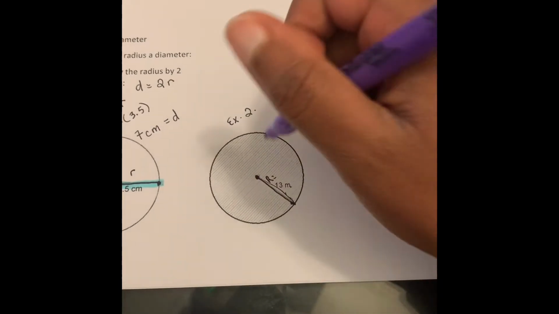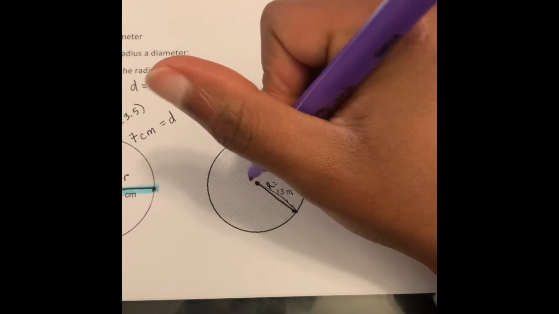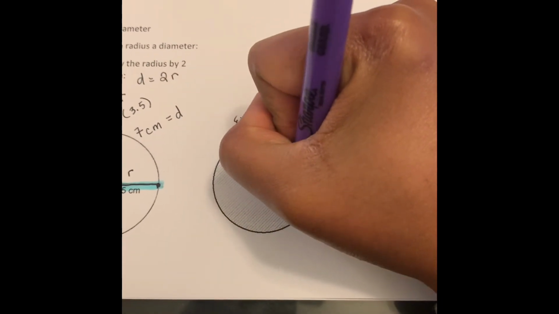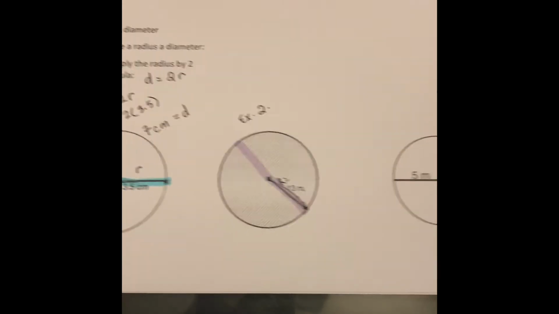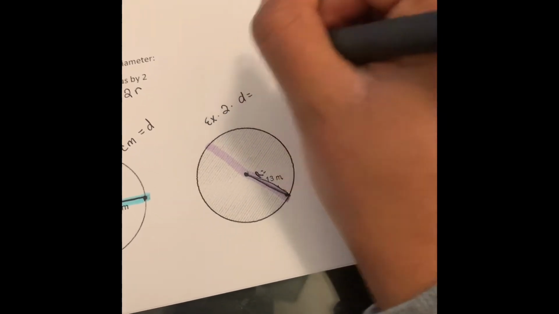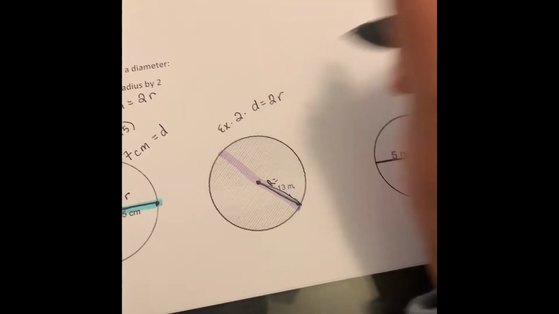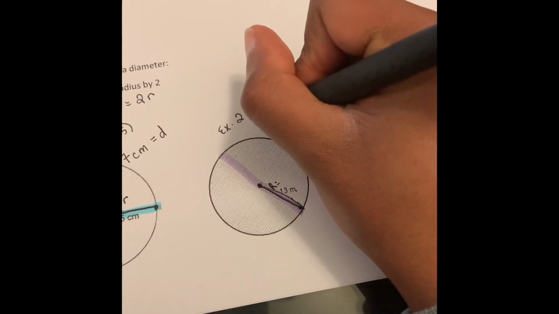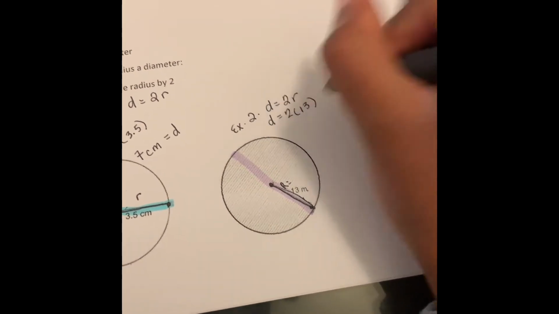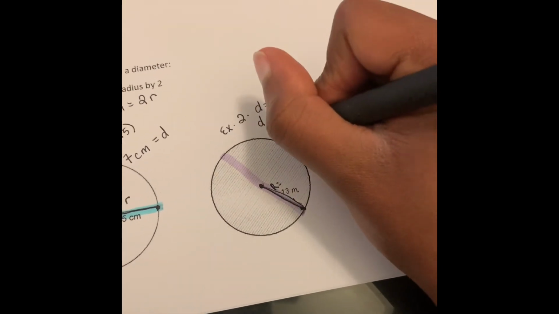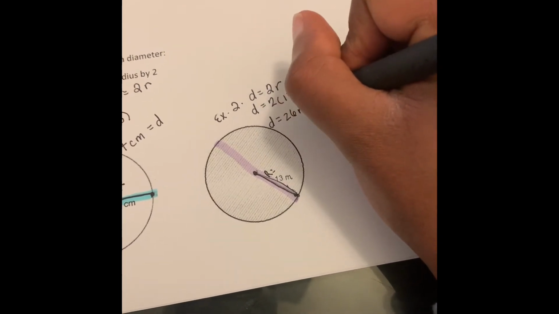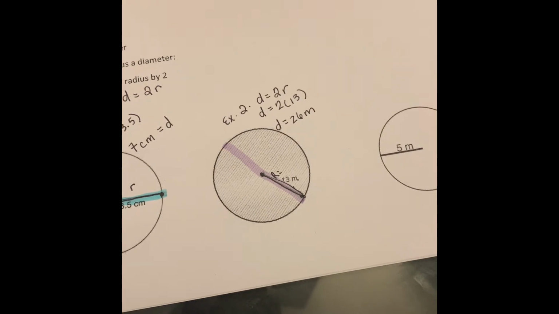Like the first problem, I want to take the radius and figure out if it was a diameter, how long would it be? So D is equal to 2 times R. D is equal to 2 times 13. So the diameter of this circle is 26 meters. 2 times 13 is 26.